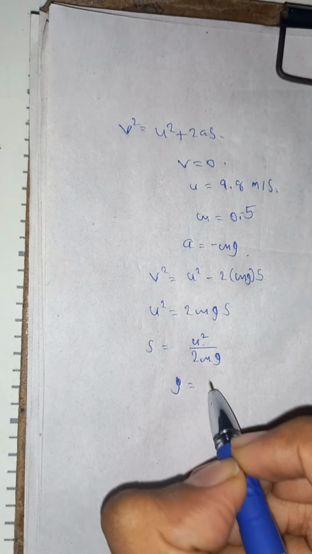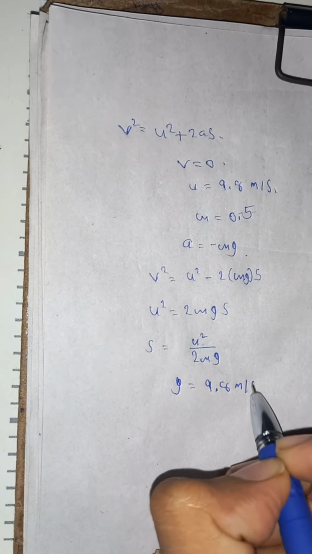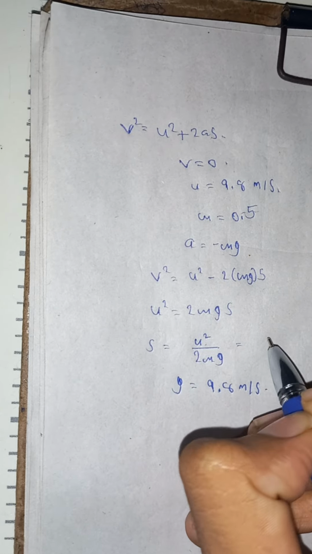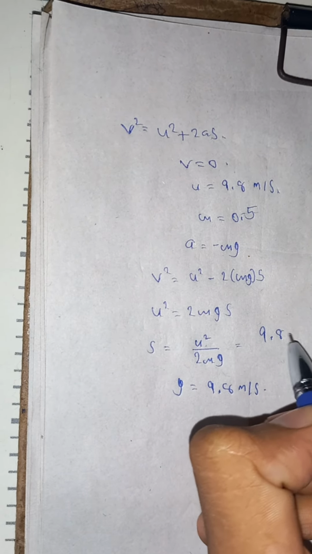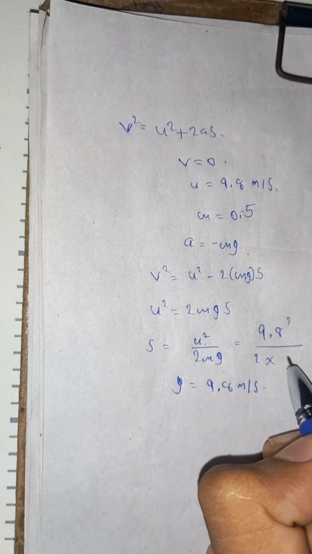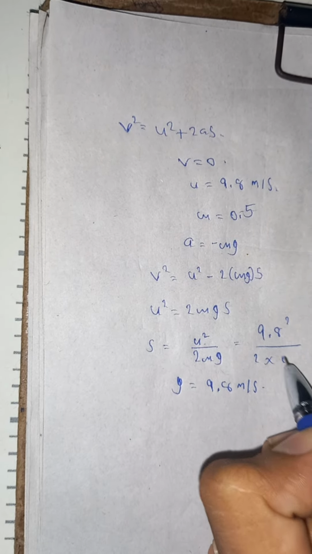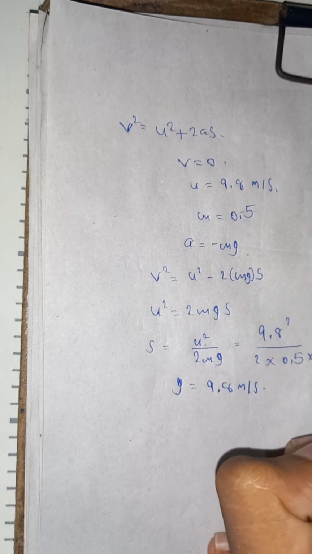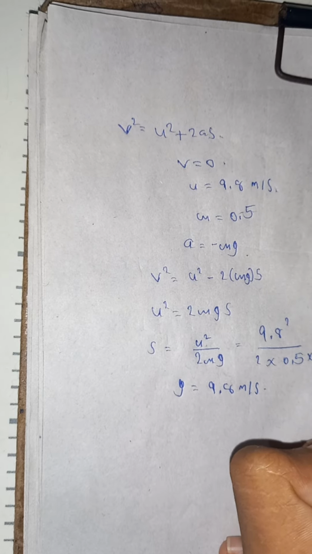g is equal to 9.8 meter per second square. So 9.8 square divided by 2 into 0.5 into 9.8.